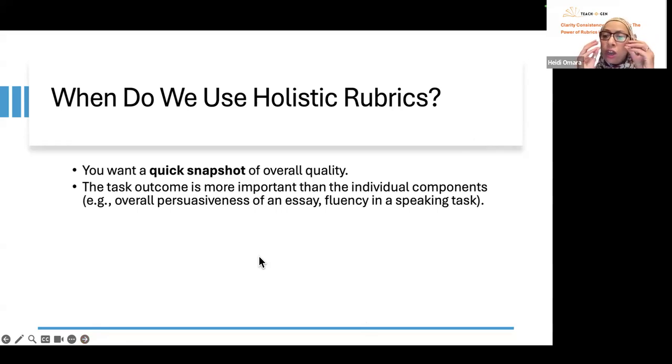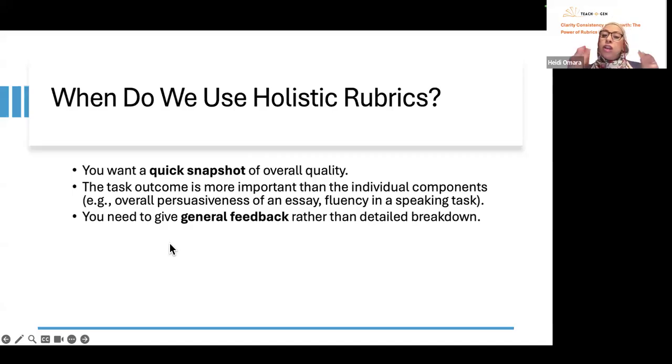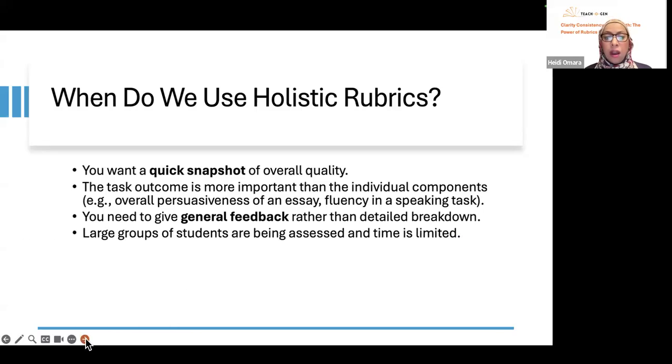I'm not looking for the individual particles of a piece of writing. Then use the holistic one. You need to give general feedback, you don't want to go into details, then the holistic rubric is the solution. Large groups of students are being assessed and time is limited. That's what I was telling you, 250 writings in 5 days or something. Then you need to go for a holistic rubric, definitely.